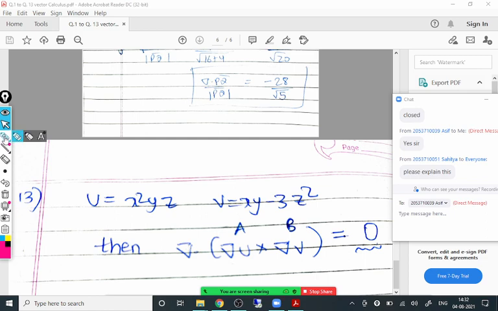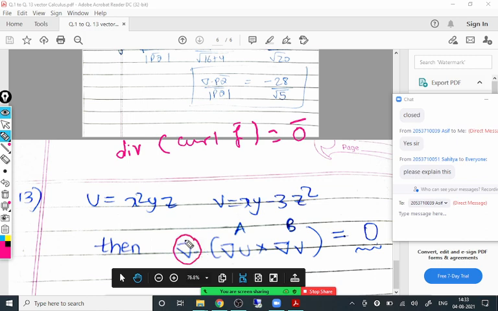This is the divergence of curl f bar, and the divergence of curl f bar is 0. So it is similar to that. Actually, del dot (del u cross del v) is there.